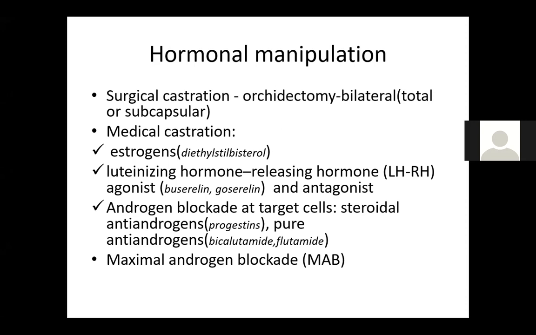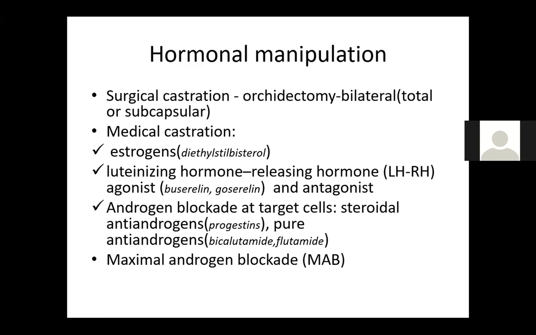Now, if we only do surgical castration, that means we have only done androgen deprivation therapy, ADT. Let me repeat it for clarity. If you do surgical castration alone, you have done ADT, androgen deprivation therapy. If you do surgical castration and add an anti-androgen, you've done total androgen deprivation therapy.